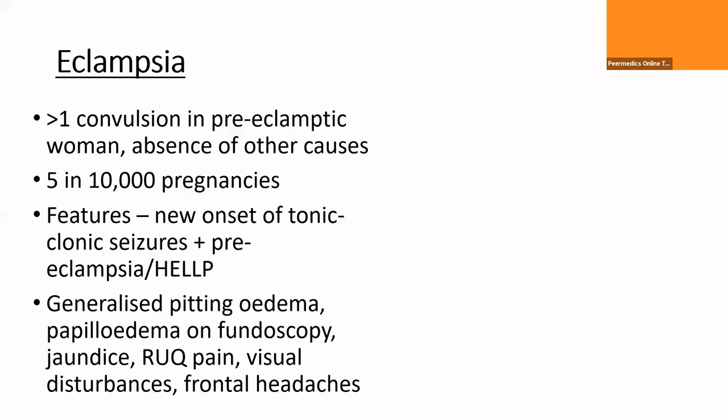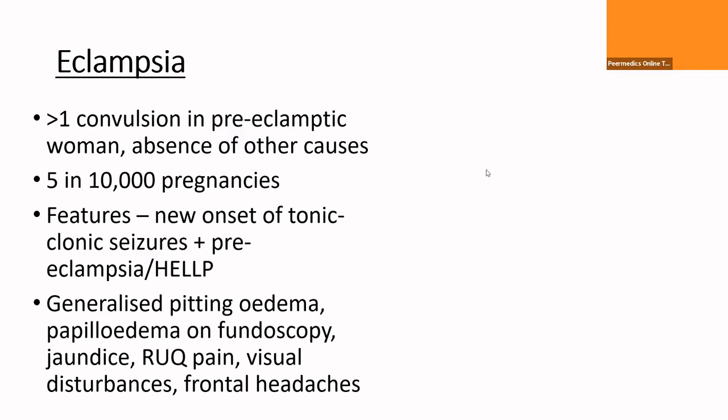You might also have signs and symptoms of HELLP syndrome, which I'm not going to cover too much, but it's where you have preeclampsia with hemolysis, elevated liver enzymes, and low platelet count. About 10 to 20% of preeclampsia patients will present in this way.